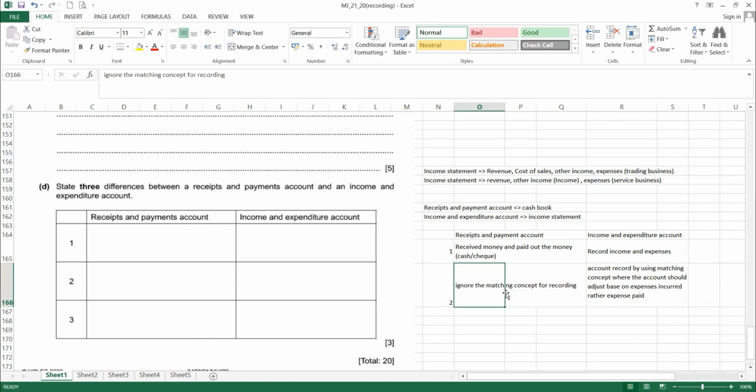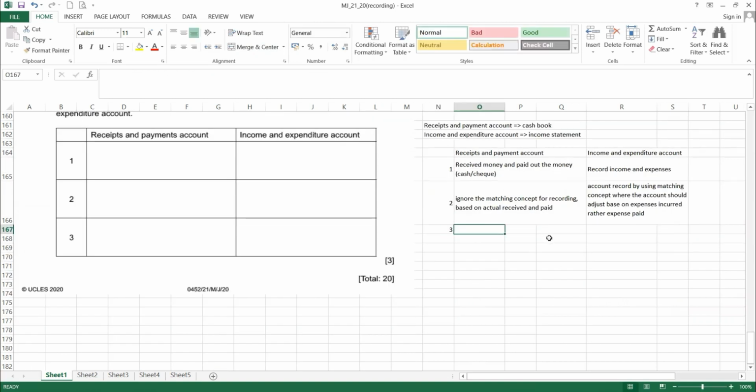This one is based on the actual receipt and paid. Okay, so this is for number 2. Okay, number 3.